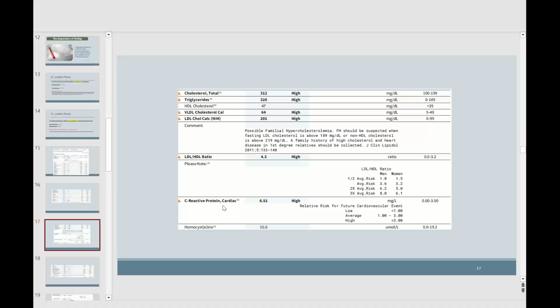CRP is actually not specific to the heart, as we know. Most of it's made in the liver, but it can be a sign of heart, liver, and gastrointestinal inflammation. It's specifically interleukin 6 and interleukin 10 that tend to increase CRP the most. And so yes, this is active heart and liver damage, and it makes sense with her cholesterol, atherosclerosis, and diabetes.